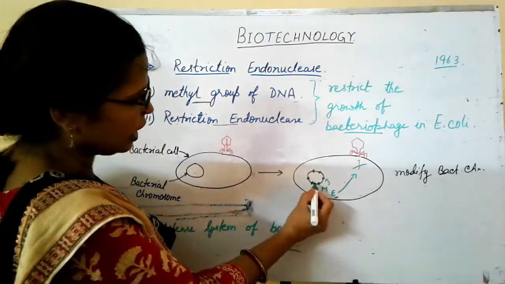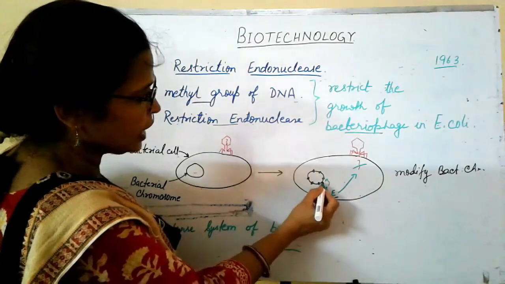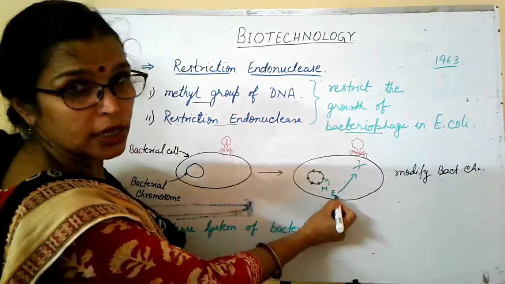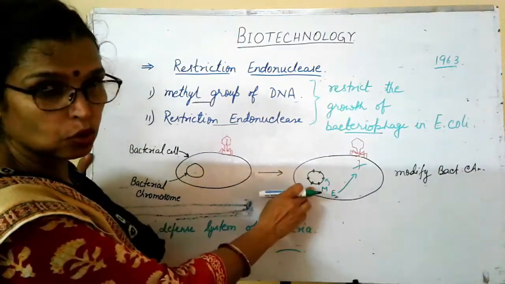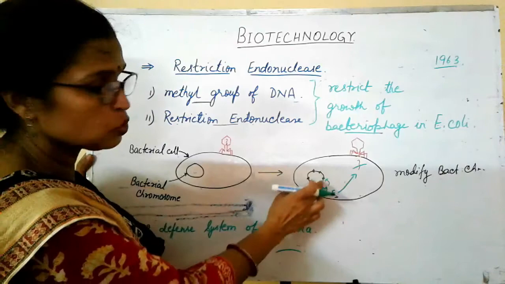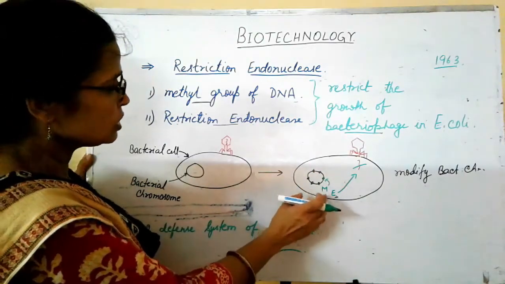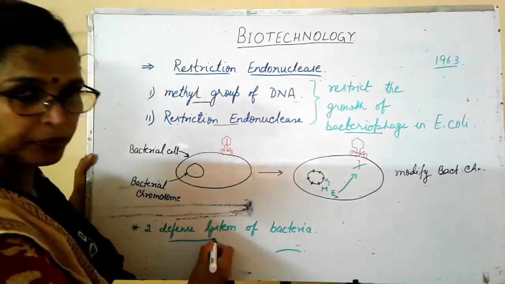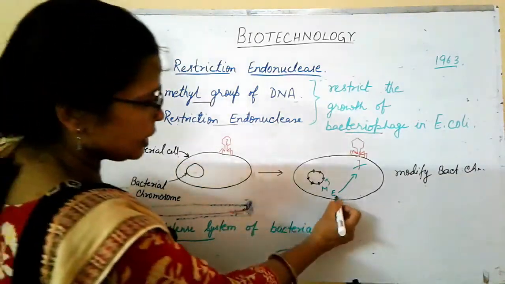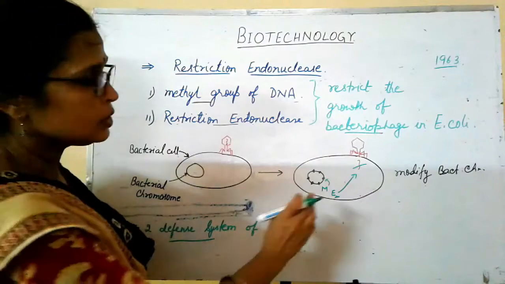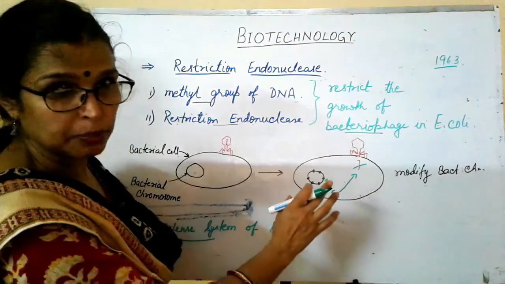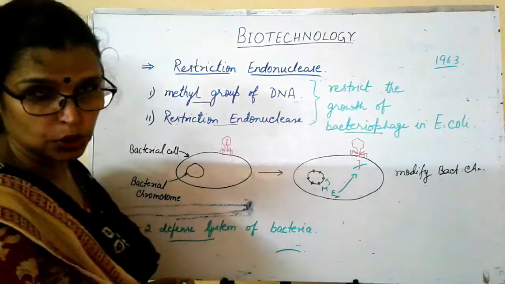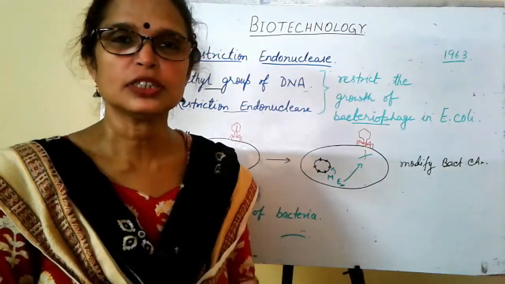Suppose these dots are the methyl groups. They attach to this chromosome so that the endonuclease can recognize its own chromosome, and in this way the chromosome is protected. So this is the defense system. Bacteria has two defense systems, and the endonuclease enzyme is known as the restriction enzyme because it restricts the growth of the bacteriophage.